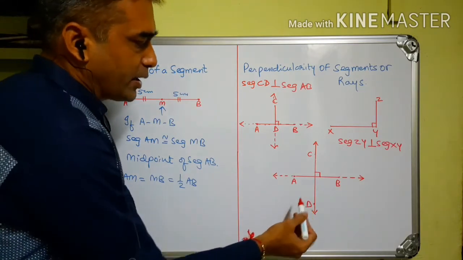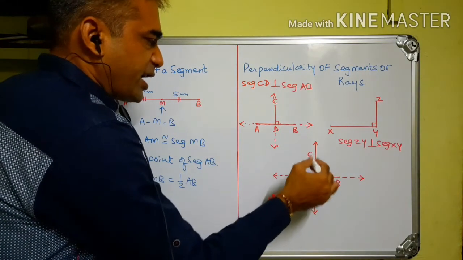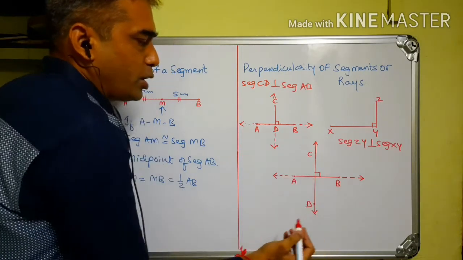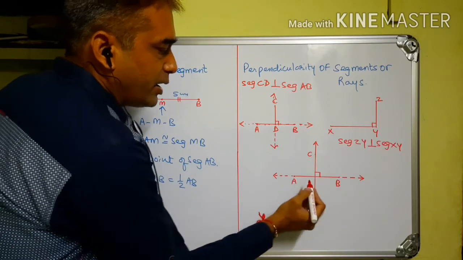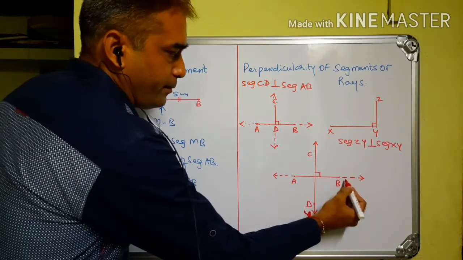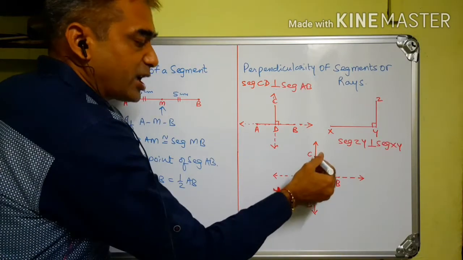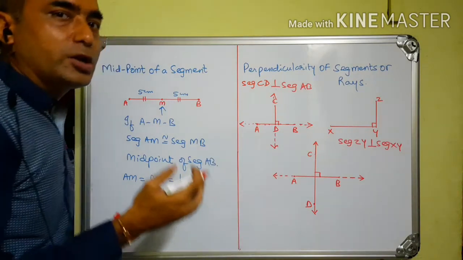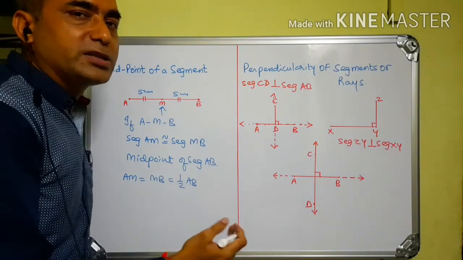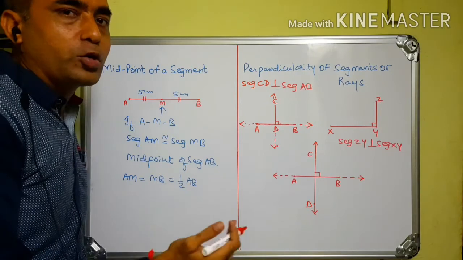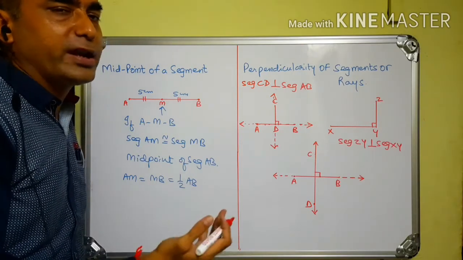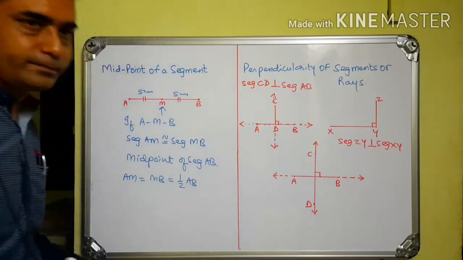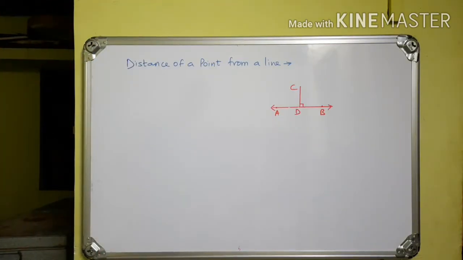And in this figure, segment CD is perpendicular to segment AB, or you can say segment CD is perpendicular to ray AB, or ray BA. In this way, if the lines containing segments or rays are perpendicular to each other, then those segments or rays are perpendicular to each other.